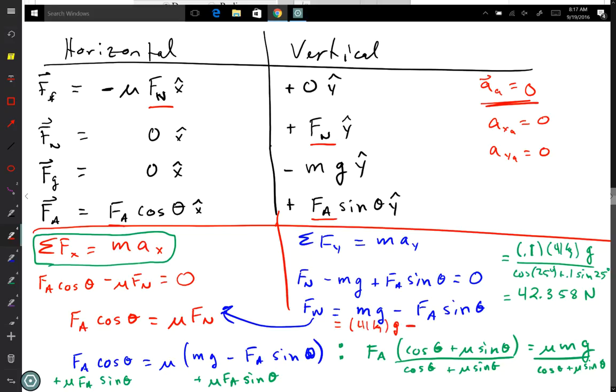Minus, and what do we have for that force normal? And this is the one that we normally would compare to the force of gravity.